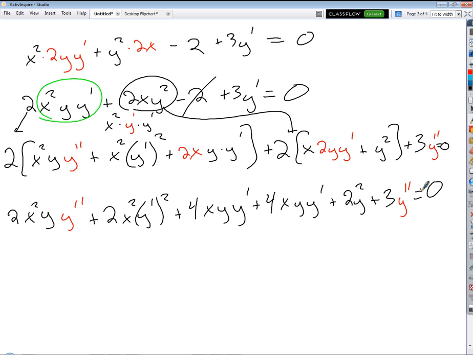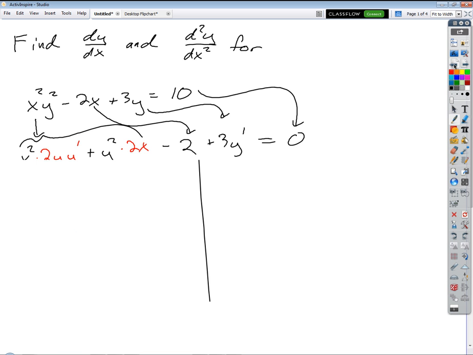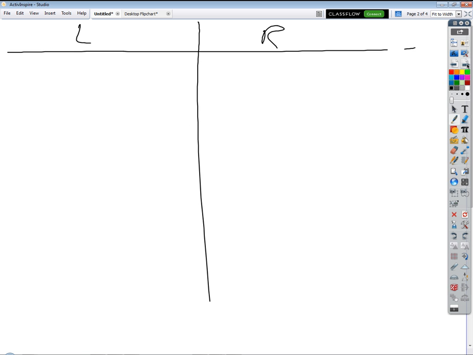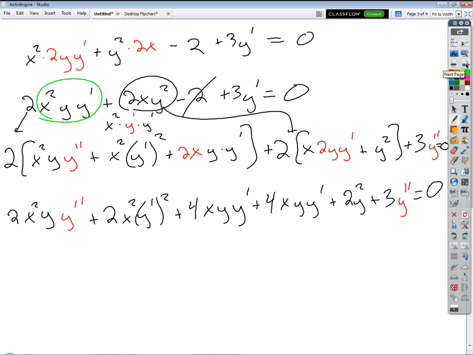We could go back and plug in y prime every place, but you don't want me to develop carpal tunnel, so we're not going to do that. If we're on the test, we have to do that. So we just have to put y double prime.